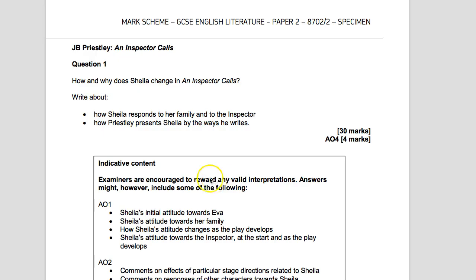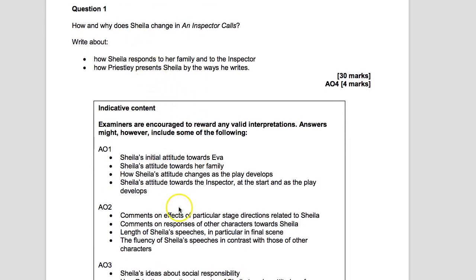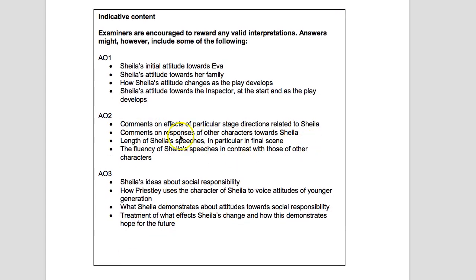And finally, if you've still got the energy, let's go to the other specimen paper and see if the same thing happens. So this was a question about Sheila. Okay, and we had to write about, where are we? There we go, social responsibility, the attitudes of the younger generation, social responsibility again, and hope for the future.